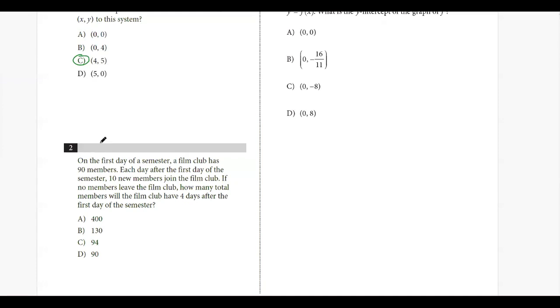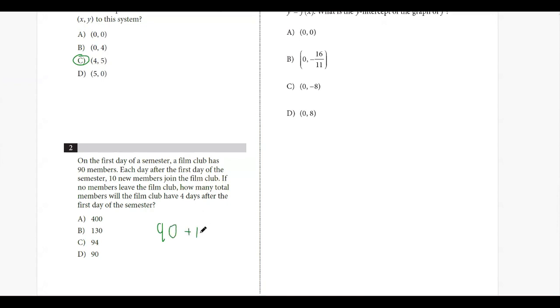On the first day of a semester, a film club has 90 members. Each day after the first day of the semester, 10 new members join the film club. If no members leave the film club, how many total members will the film club have 4 days after the first day of the semester? Initially we had 90 members.